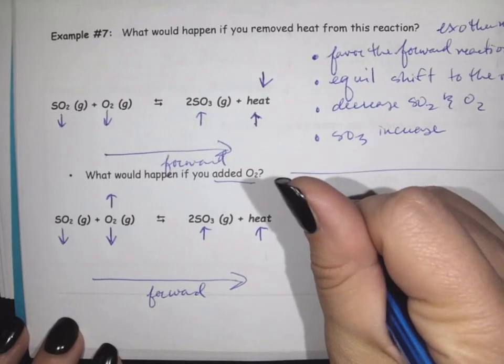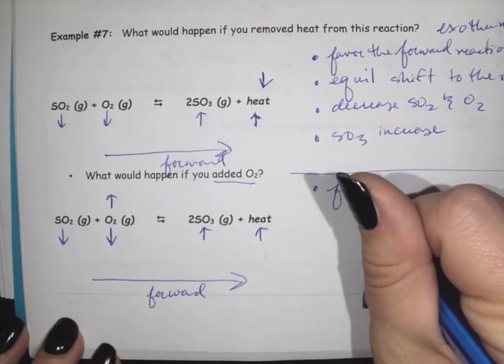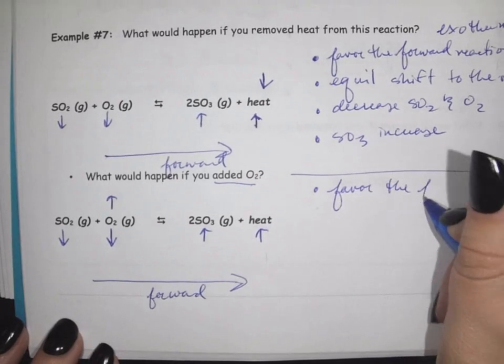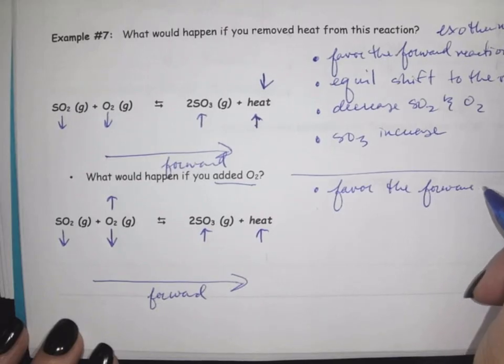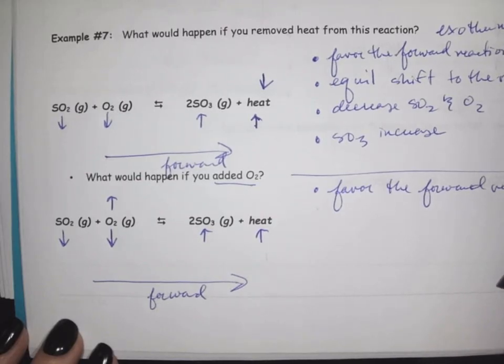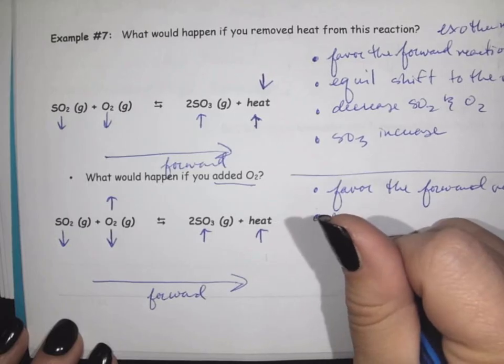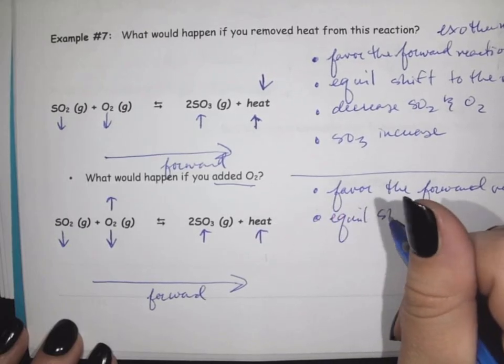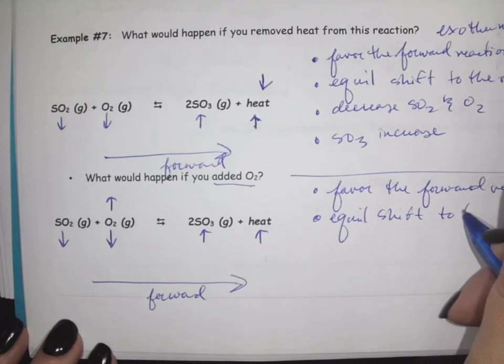So again, we could say that we're going to favor the forward reaction. We could say that the equilibrium will shift to the right.